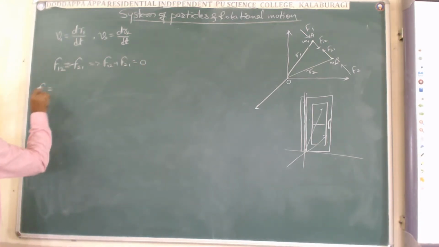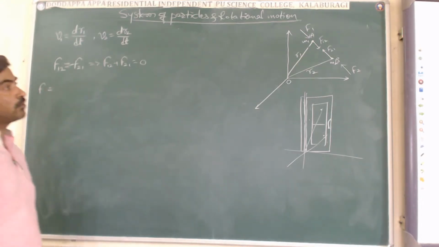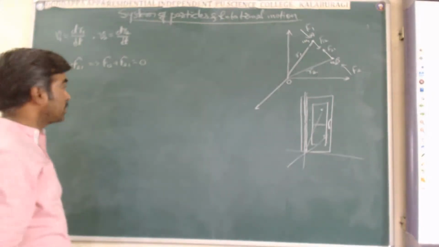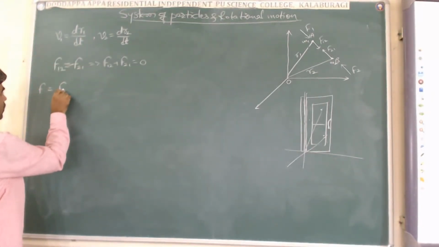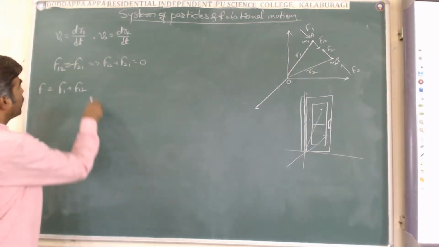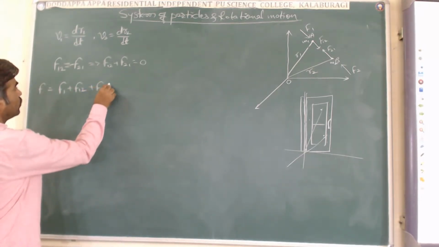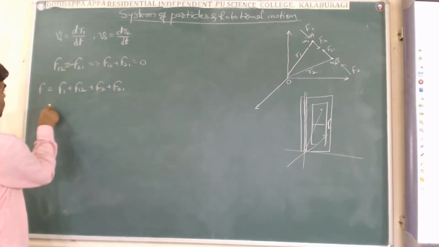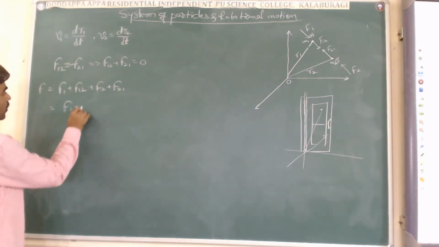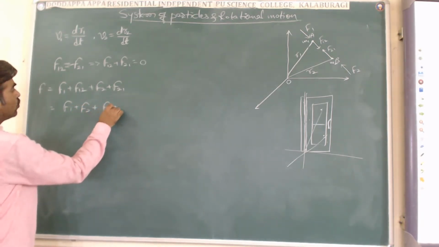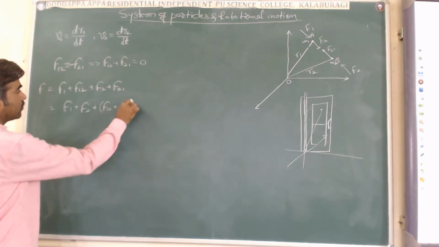Whereas the net force is nothing but external force plus internal force. So that is F1 plus F12, the forces on the first particle, plus F2 plus F21, on the second particle. This can be written as F1 plus F2 plus F12 plus F21 separately.